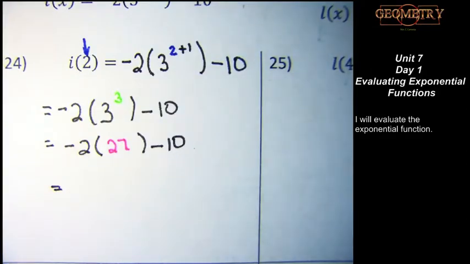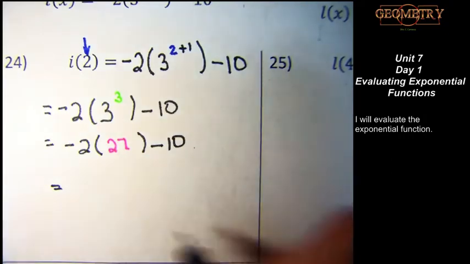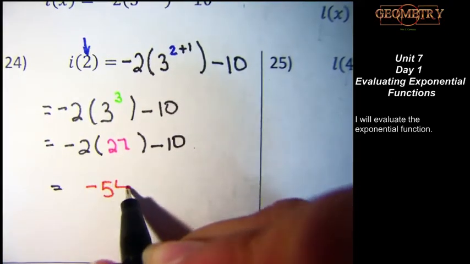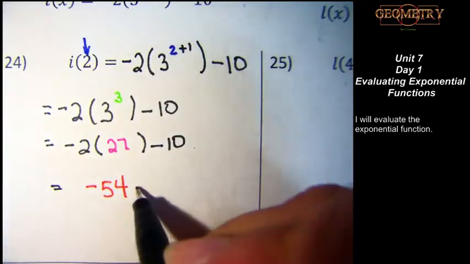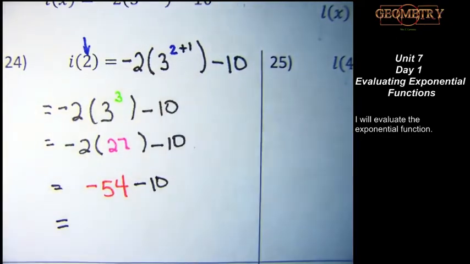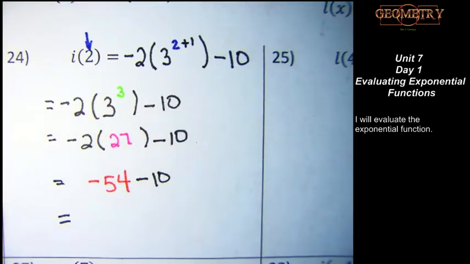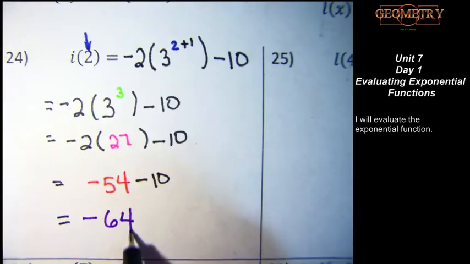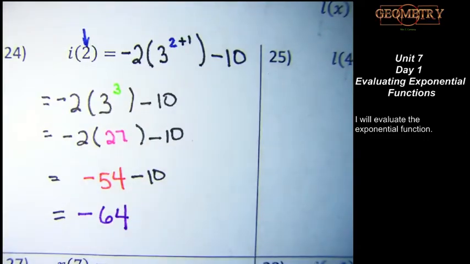Yeah, -54. And then I can do -54 minus 10. That's -64. Looks okay?